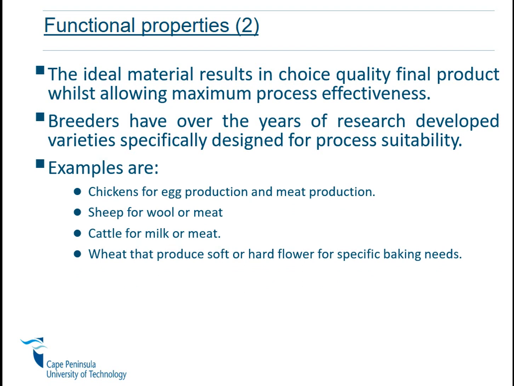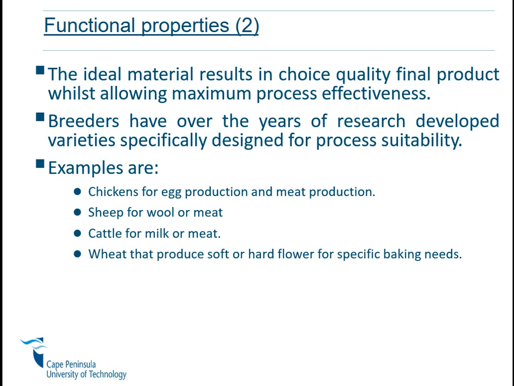And these examples include chickens that are bred specifically for egg production, and also chickens that are produced specifically for meat production.